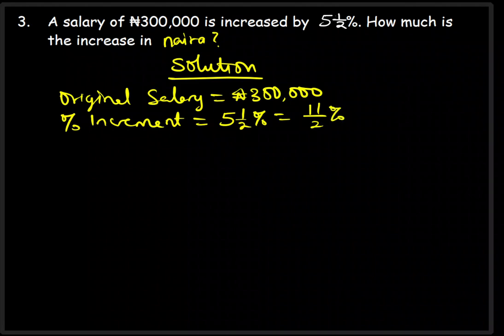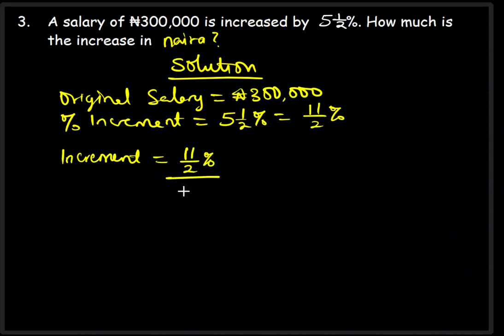Let's change that percentage increment to increment. So our increment will be equal to 11/2% all over 100%, then times 300,000.